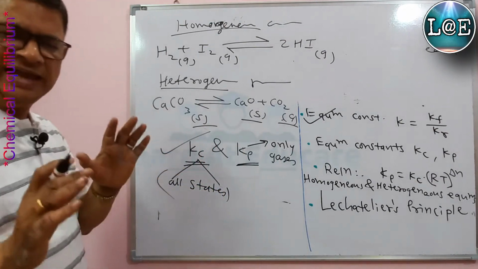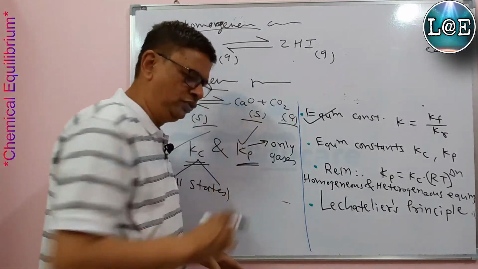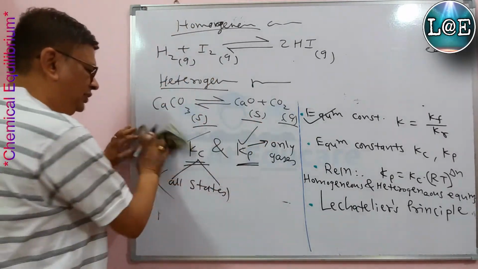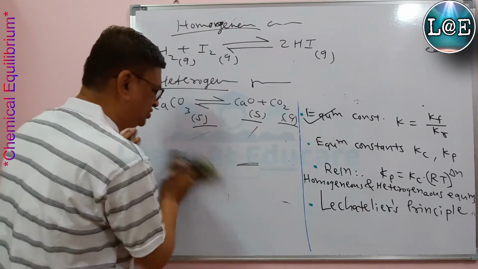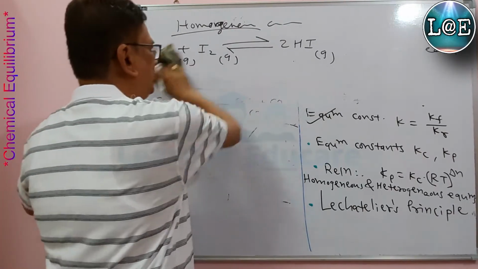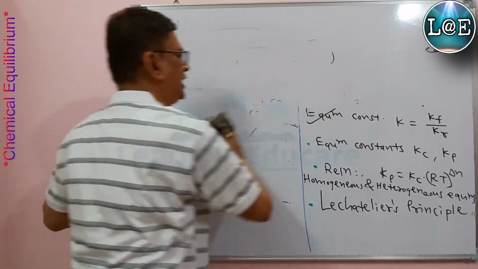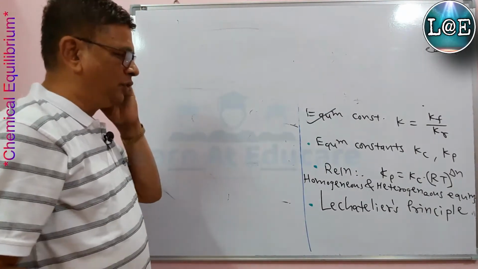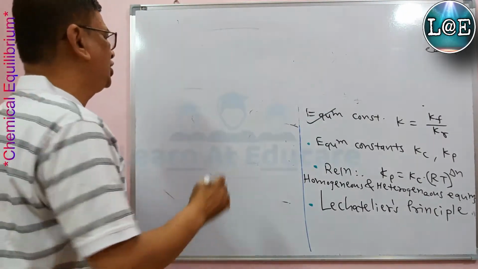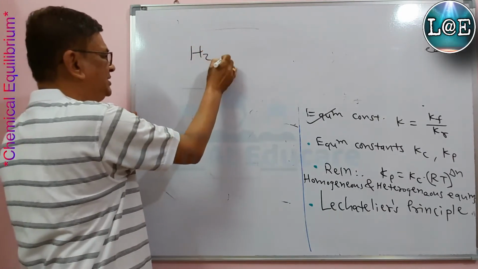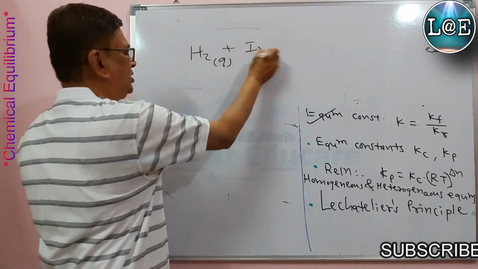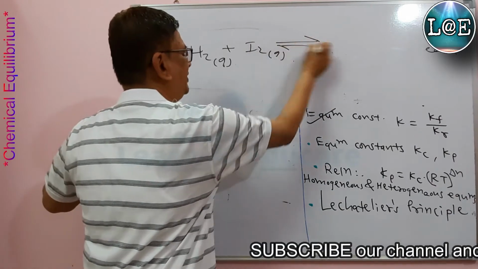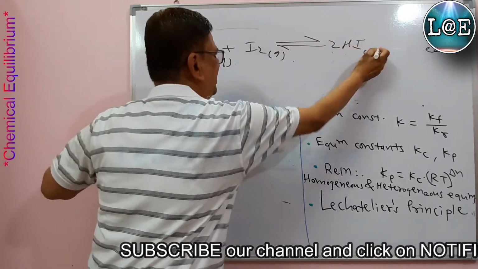But if it is gaseous, then it can also be taken as Kp. Remember that P is for pressure, C is for concentration, and that concentration is nothing but molar concentration or molarity. Therefore, if it is a reaction in the gaseous state, for example, the same one, H2 gas plus I2 gas reversibly gives 2HI gas.